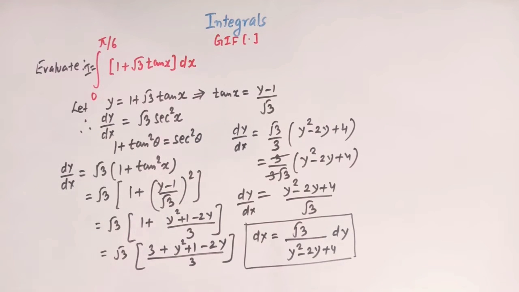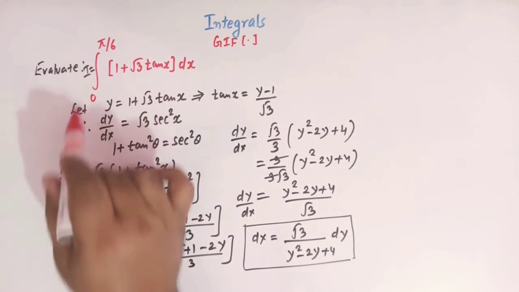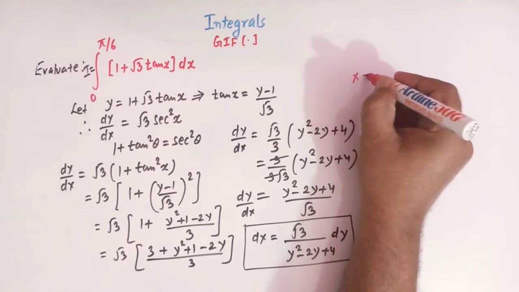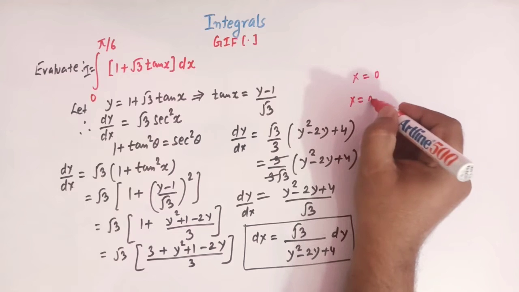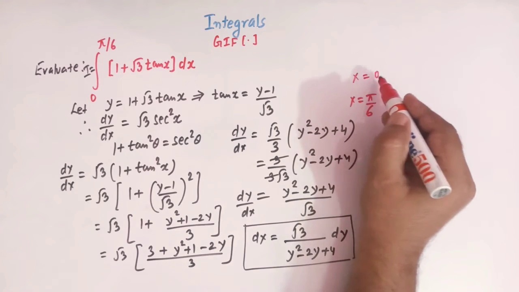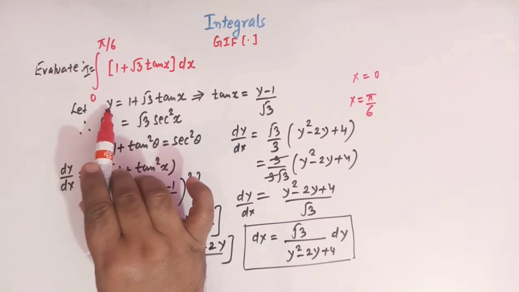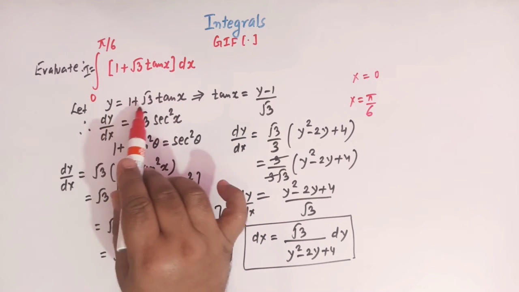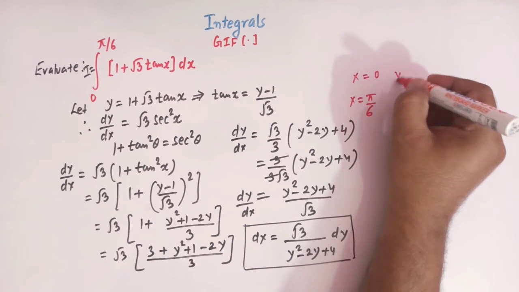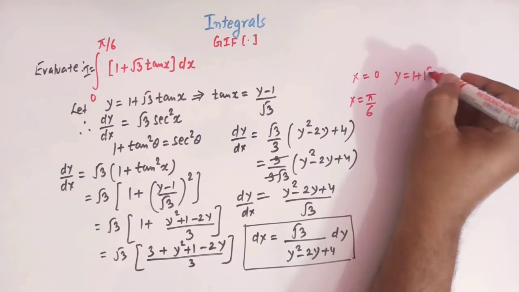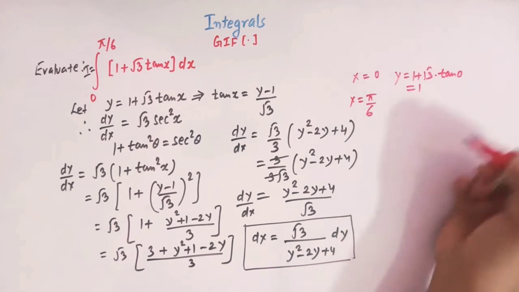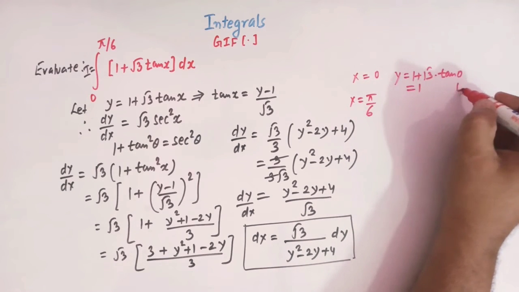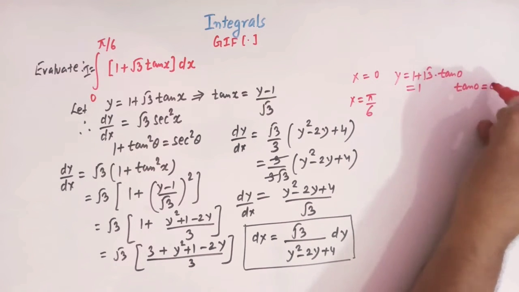Okay, so now let us change the limits accordingly. Here x varies from 0 to pi by 6. When x is equal to 0, we can calculate the value of y from this expression. So y is equal to 1 plus root 3 times tan of 0, which is 1 because tan 0 is equal to 0.